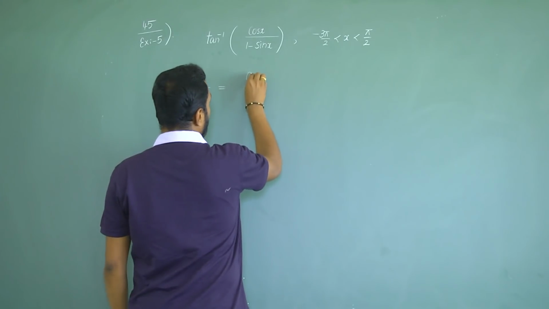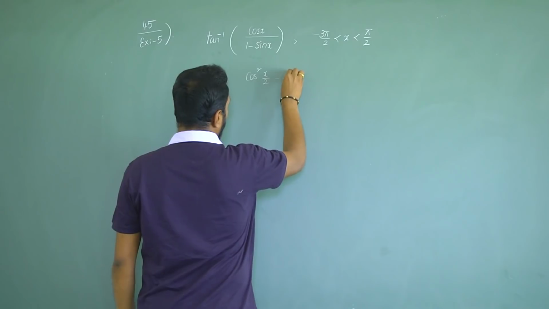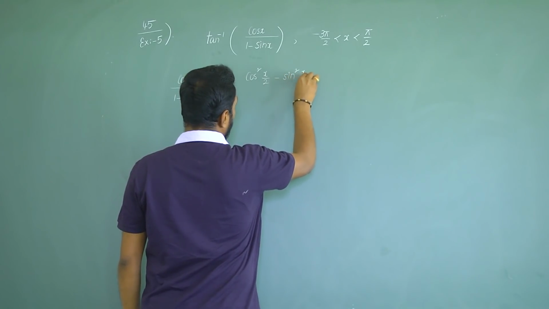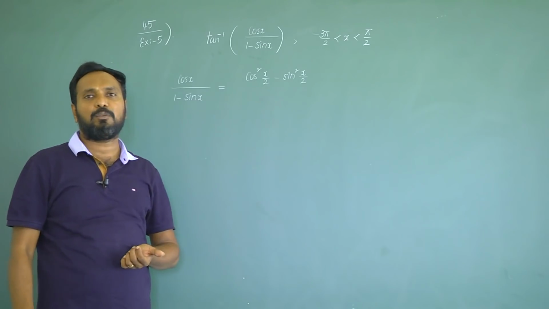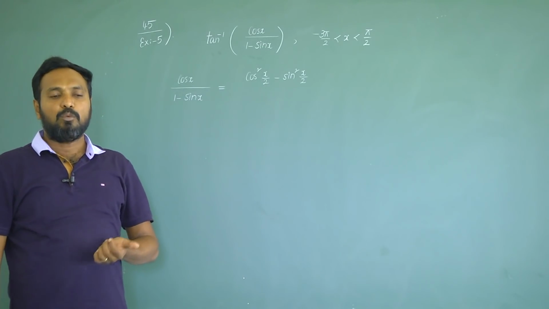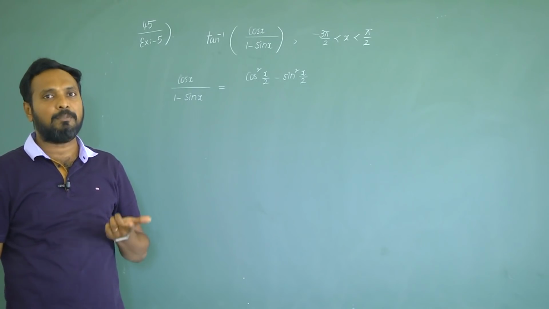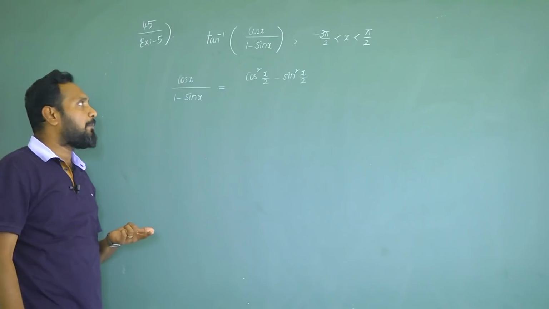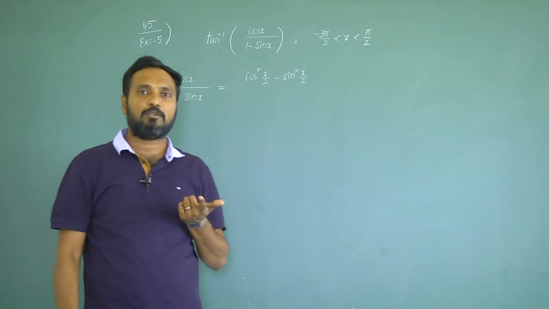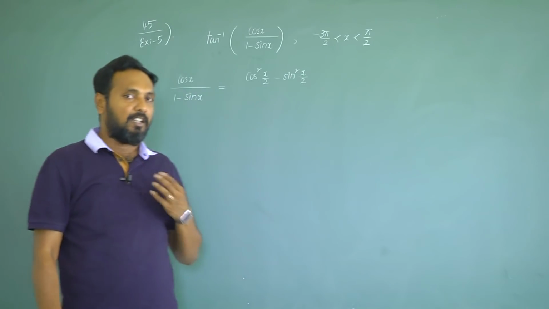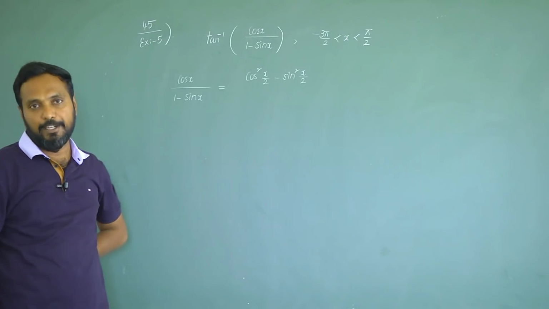It is cos square x by 2 minus sin square x by 2. Only in terms of sin, it is 1 minus 2 sin square x by 2. Only in terms of cos, it is 2 cos square x by 2 minus 1. Only in terms of tan, it is (1 minus tan square x by 2) by (1 plus tan square x by 2).